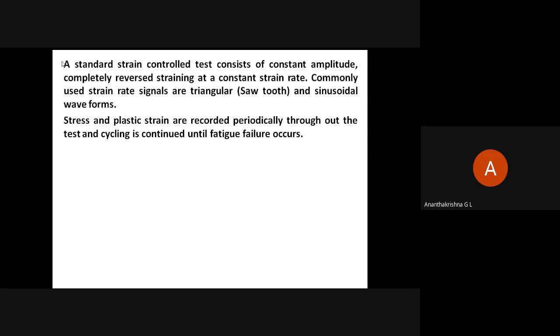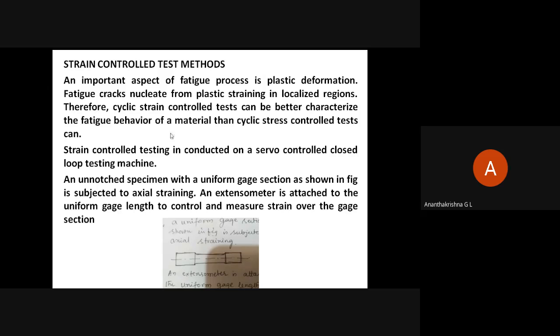This is how a strain controlled testing is carried out. So what is it exactly? Going by the inferences, strain controlled tests can give us a better understanding of the fatigue behavior of material than stress controlled tests. Please remember, it is an unnotched specimen, there is no presence of notch. It will be subjected to axial straining and an extensometer is used to measure strain over the gauge length.